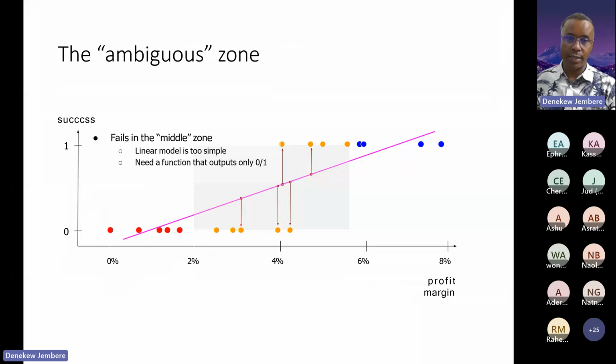For example, this is the scenario when linear regression, which means creating a line that would fit the pattern of the data distribution, is not going to fit, and there are ambiguous areas, so we try the next type of regression, which is logistic regression.